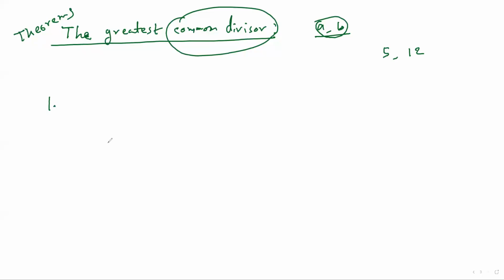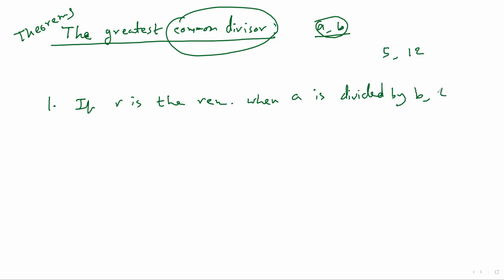Okay, so the first theorem that we are going to mention is: if R is the remainder when A is divided by B, then the common divisors of A and B are equal to the common divisors of B and R. My handwriting is bad in general, today it's exceptionally bad.